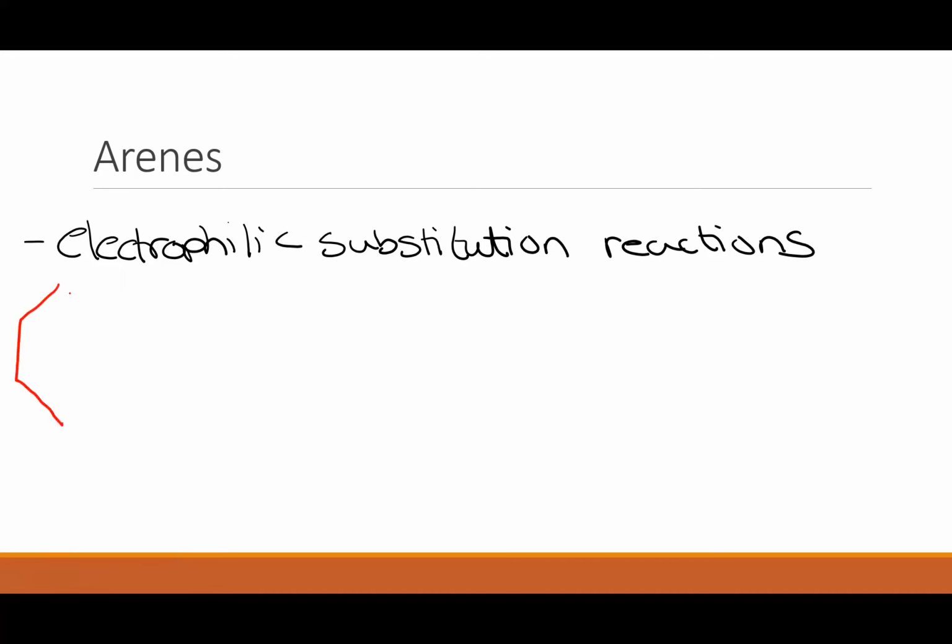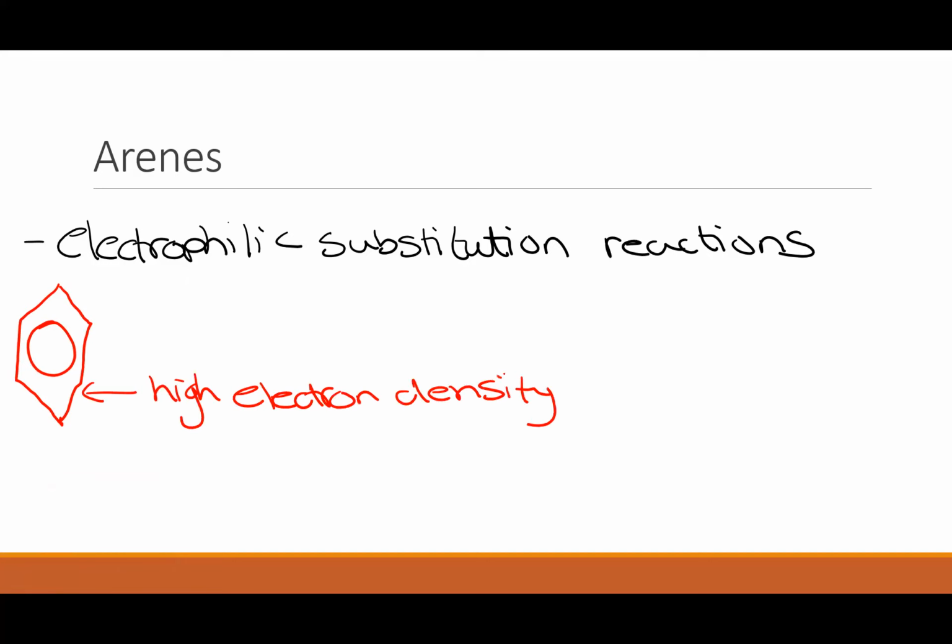I'll draw out the benzene ring as best as I can. So the benzene ring is a region of high electron density. So any arene that contains the benzene ring has that high electron density. And as we know, any areas that have high electron density attract electrophiles.